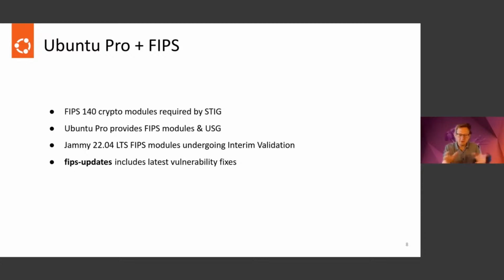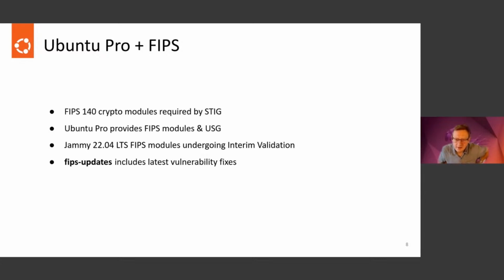Now, there's also a bit of a lag between the time Ubuntu is released and the time we can get our FIPS modules certified by NIST, by CMVP. And at the moment, we had to hit the new 140-3 crypto standards, which came out a couple of years ago. So this has taken a little bit of time, unfortunately.